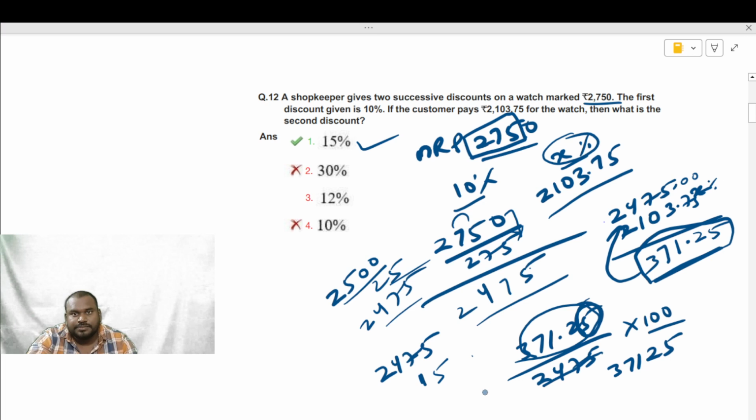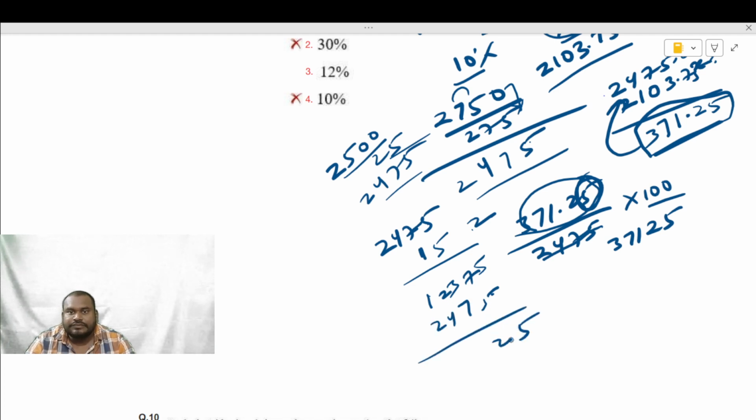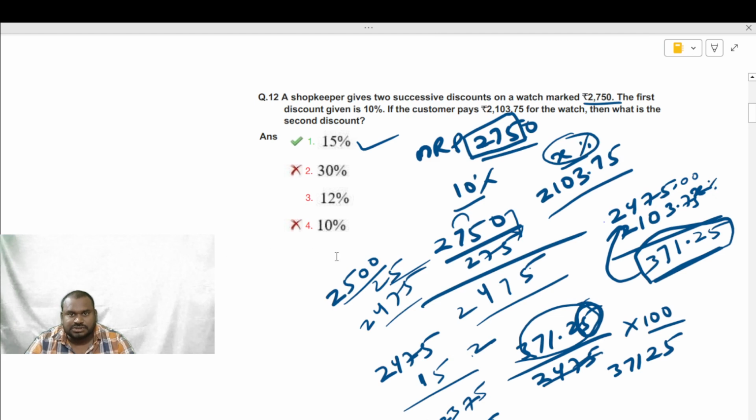5 5s are 25, 5 7s are 35, 37, 5 4s are 20, 5 2s are 10, 12. So we get 37125.